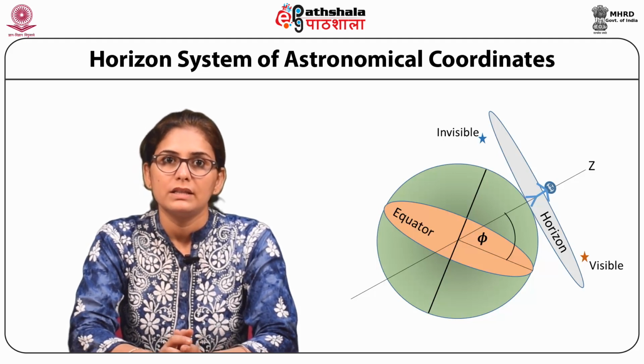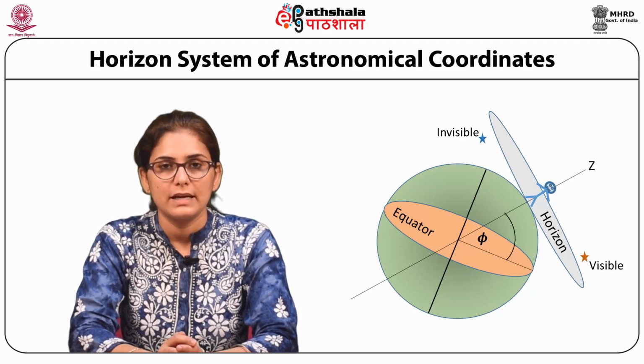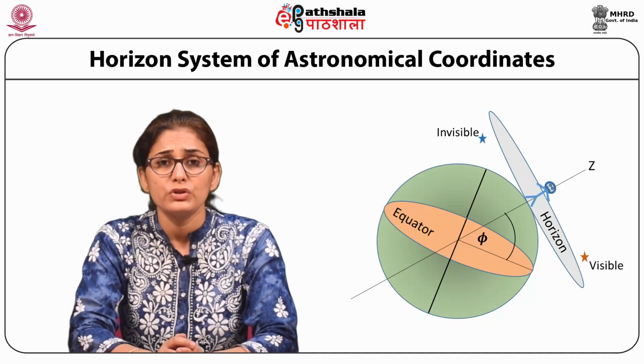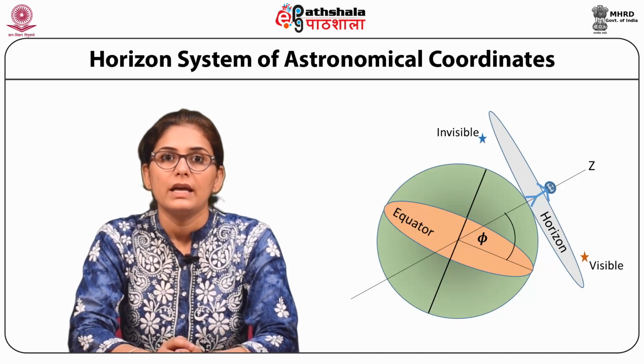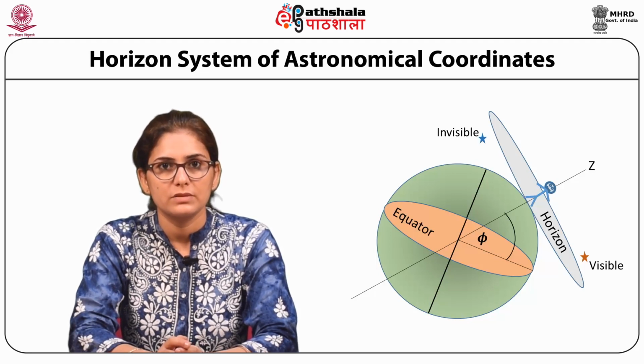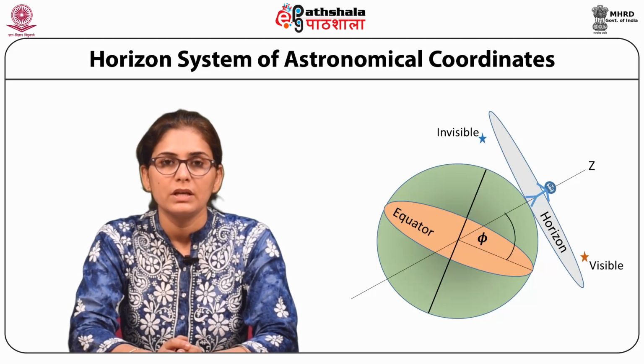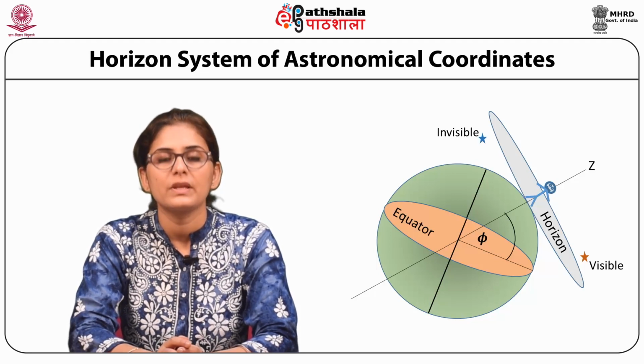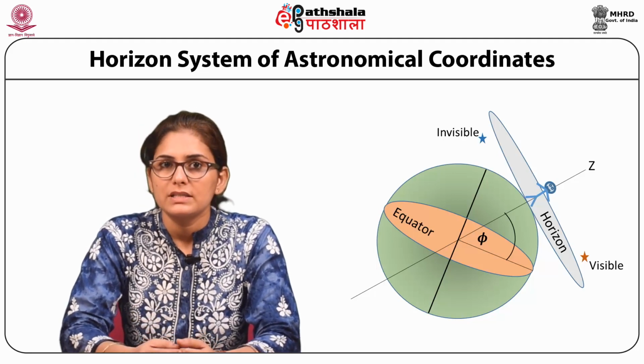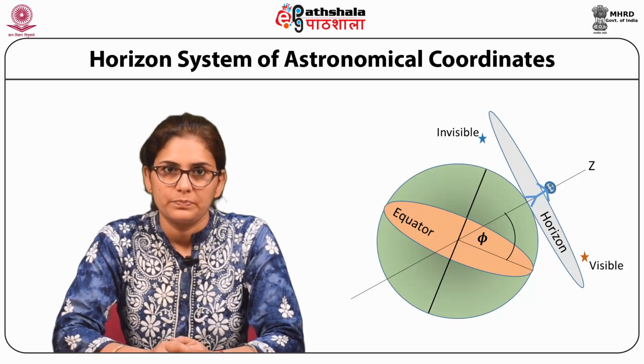We need the fundamental great circle and a reference point. So for different fundamental great circles and reference points, we have different coordinate systems. In this section, we will study four different coordinate systems: the horizon coordinate system, the equatorial coordinate system, the ecliptic coordinate system, and the galactic coordinate system.